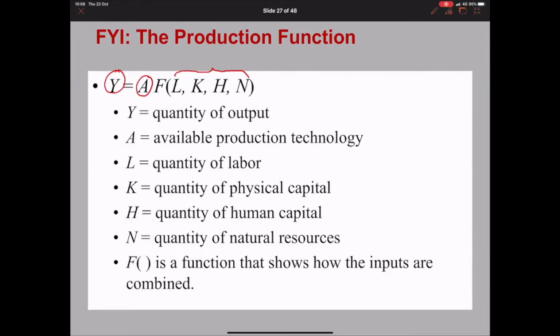So the higher the technology A, the coefficient, the larger the production, given the same level of labor, capital, human capital, and natural resources. So with better technology, we can achieve a higher level of output. Just that, okay? But the point is here.